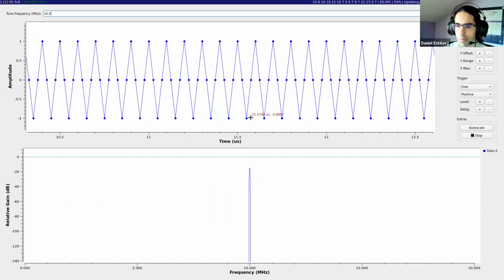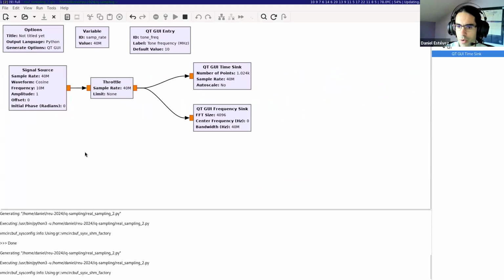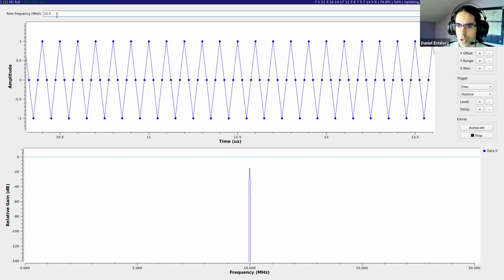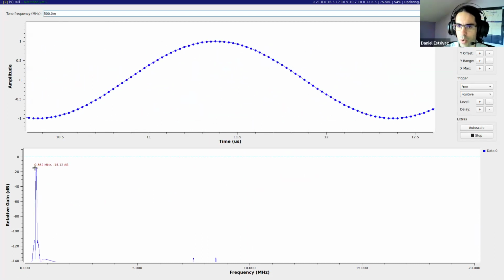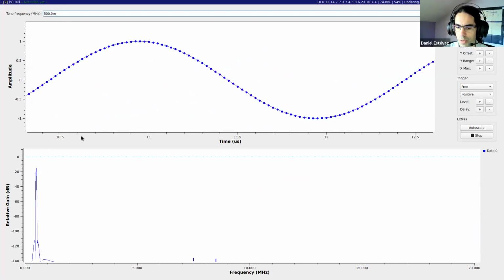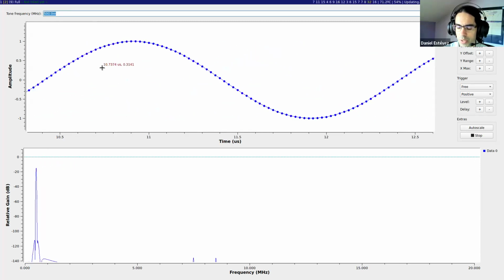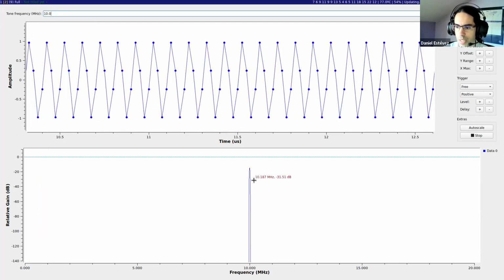And I mean, moving by doing some operation within the electronics of the RTL SDR, which here are represented by operations in GNU Radio blocks. Of course, in this simulation, I could just say this is 0.5 or whatever, but that's not the point. The point is if I have something which is really at 10 megahertz or 15 or whatever, how can I move the signal by doing some mathematical operation?